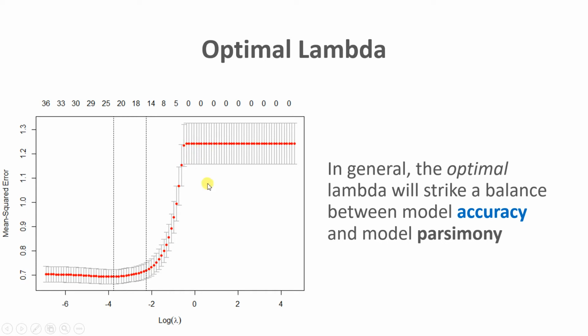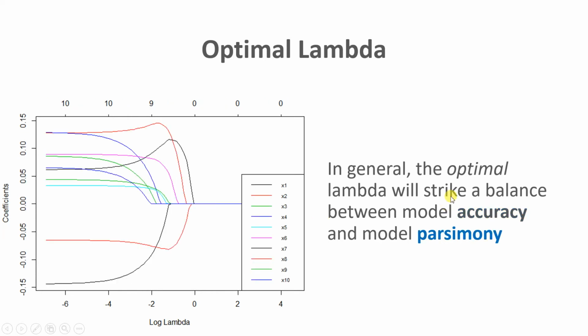All right, so again, we're balancing model accuracy and model parsimony. If you remember, lasso regression is often used when we have a large number of predictor variables in our model. So we also want to consider parsimony. We don't want too many predictor variables, as again, this can lead to overfitting our model to the data that we train the model on.